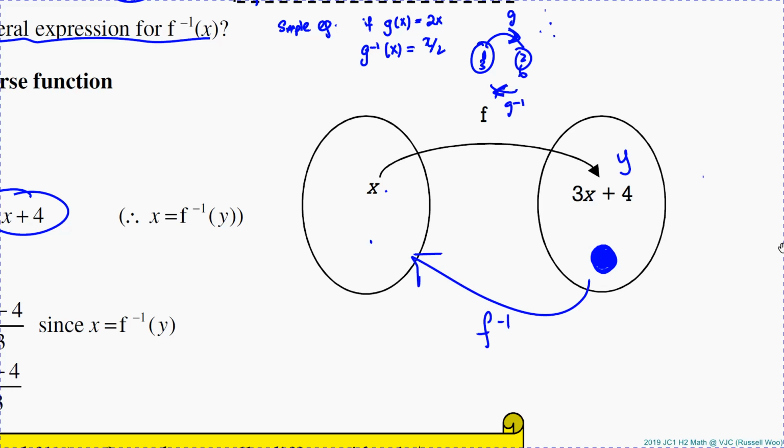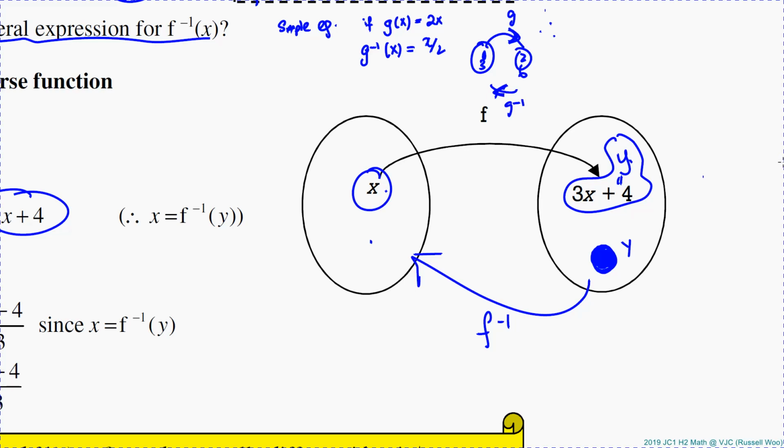The technique is this. I let y be equal to 3x plus 4. Now, this becomes y. If I can make x in terms of y, my job is done.